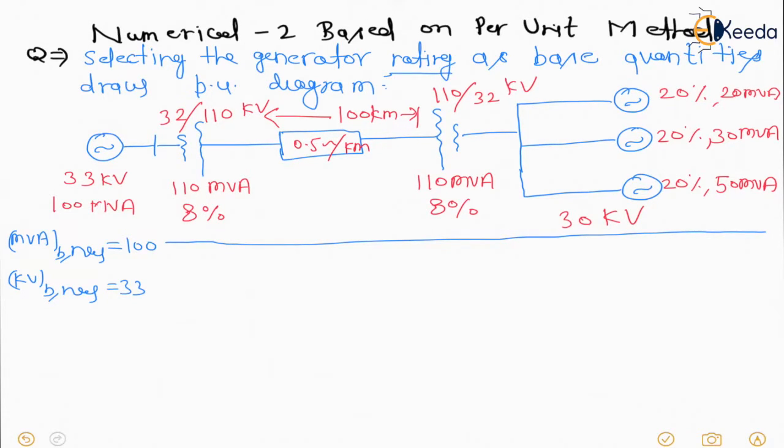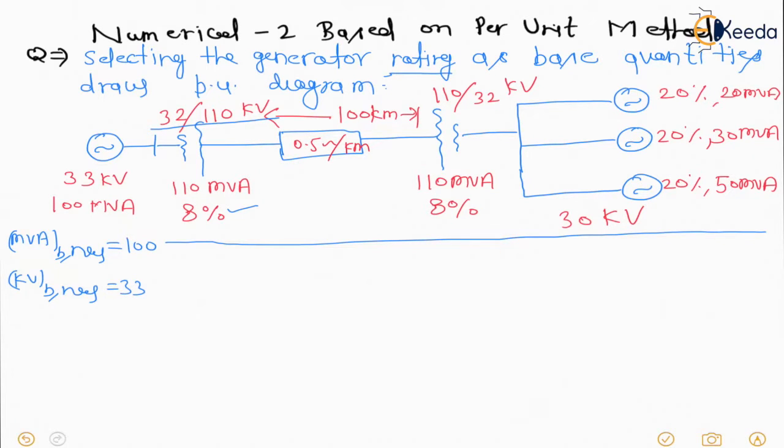So the first transformer here has the ratio of 32 by 110 kV, and the 8% value has been given on base power of 110 MVA and 32 kV.